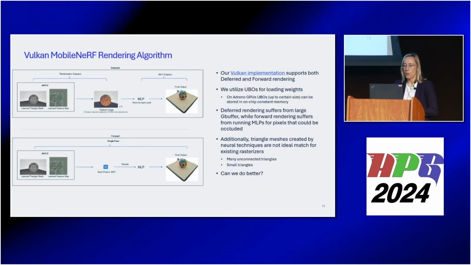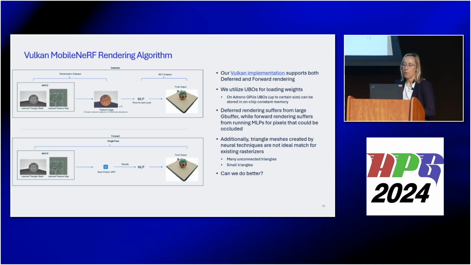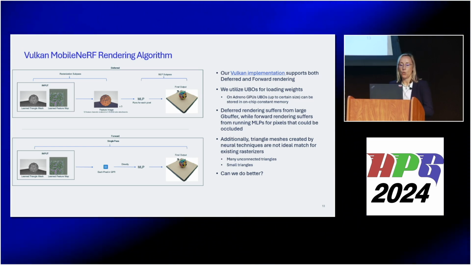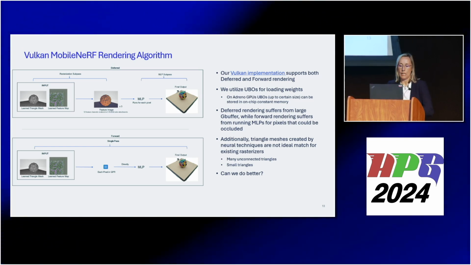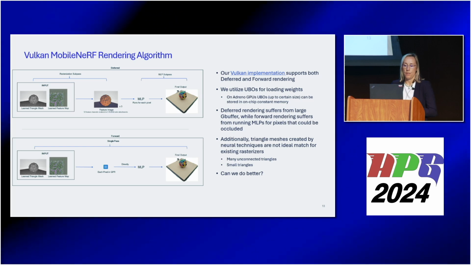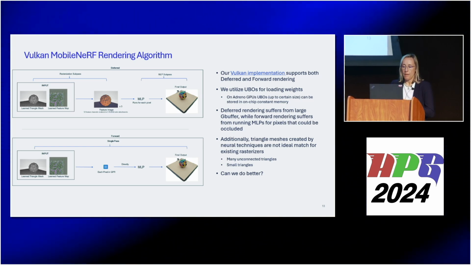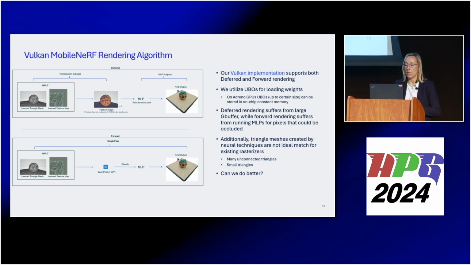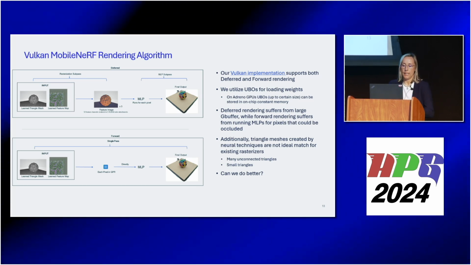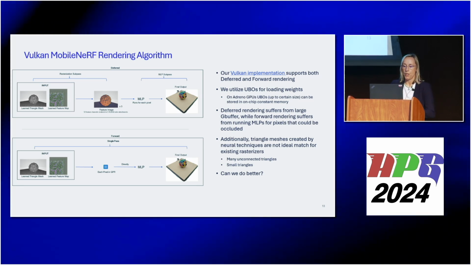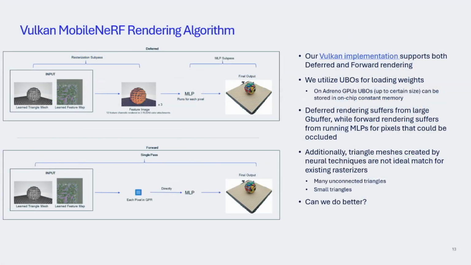So what did we do to get it optimized for Adreno GPUs? We have two implementations, both released, that support deferred as well as forward rendering. For deferred rendering, we have two Vulkan subpasses, one that takes in a triangle mesh and learned feature map as an input and creates the feature images. And then the second subpass is the MLP subpass.